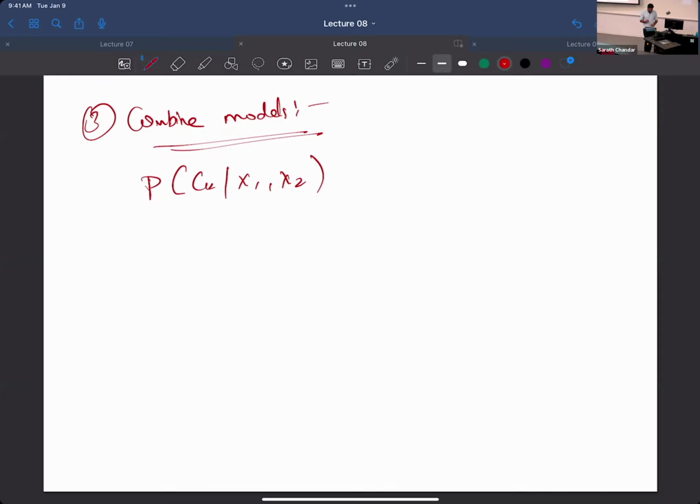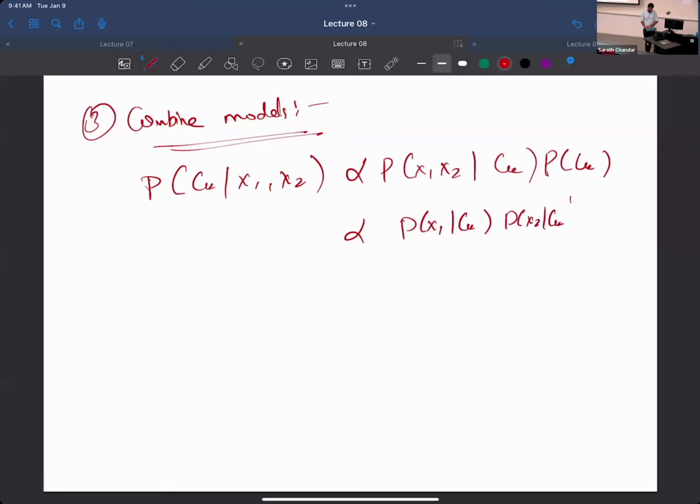So P of ck given x1, x2 is actually proportional to P of x1, x2 given ck, P of ck, right? That's the Bayes rule. Now this is proportional to P of x1 given ck, P of x2 given ck, P of ck. So I'm just applying the naive Bayes assumption.